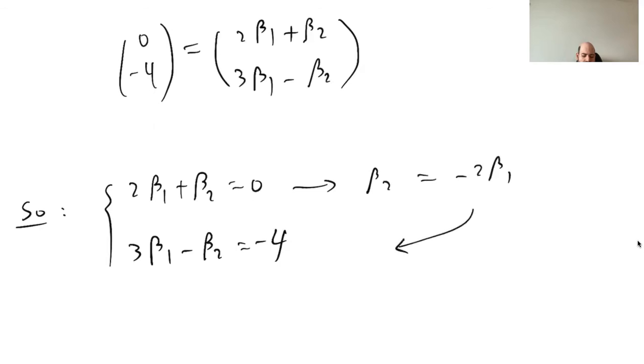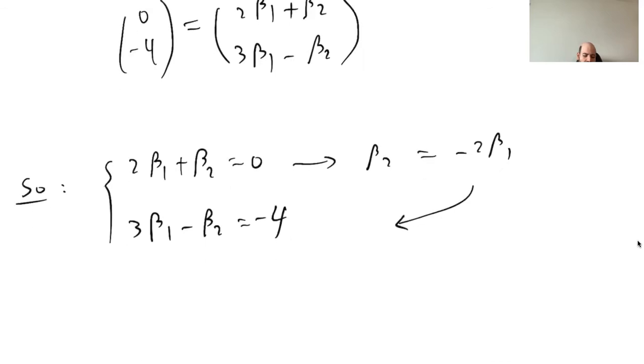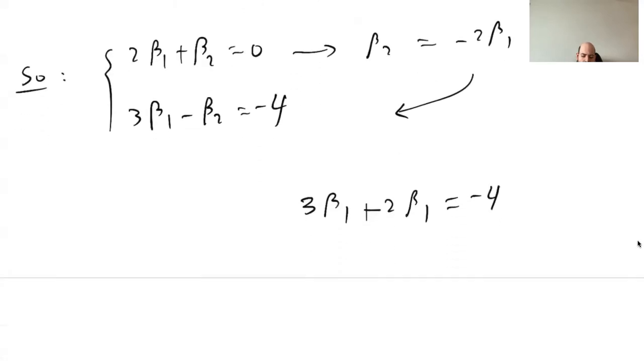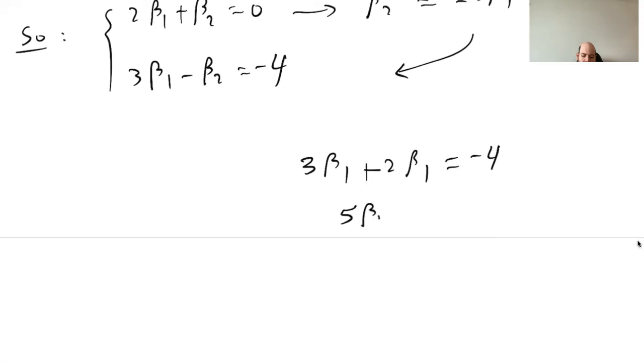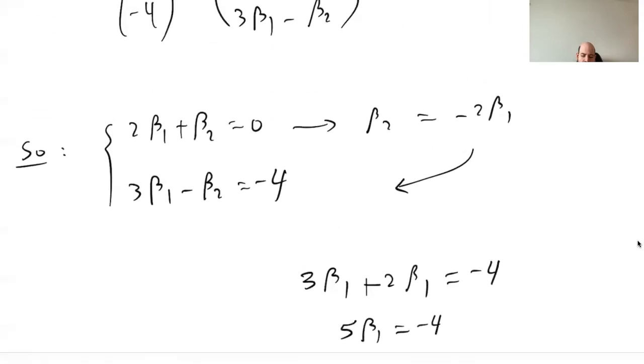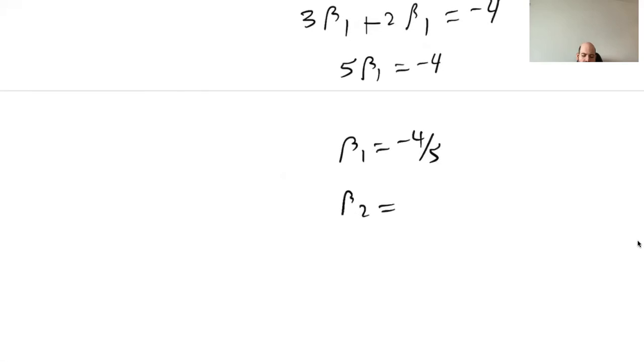If I replace it here, I'll have 3 beta 1 plus 2 beta 1, because it's minus beta 2 and beta 2 is -2 beta 1, so it's plus 2 beta 1, equals -4. That gives me 5 beta 1 equals -4, so beta 1 equals -4 over 5. Then beta 2 will be -2 times beta 1, which is 8 over 5.